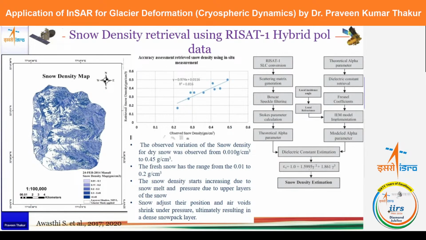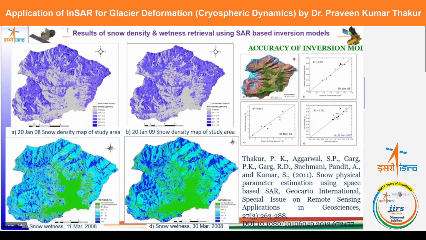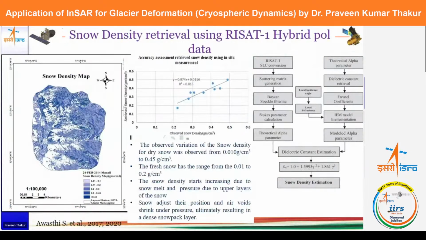And now we had RISAT, the Indian radar satellite. It has a hybrid polarimetric function, because the previous algorithms work on dual polarization HH-VV data. However, in RISAT we did not have an operational HH-VV system. Operational was HH-HV, co-polarized, like in Sentinel we have VV-VH, but it has hybrid polarization.